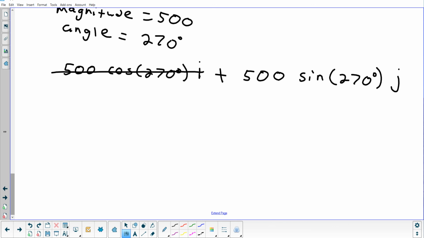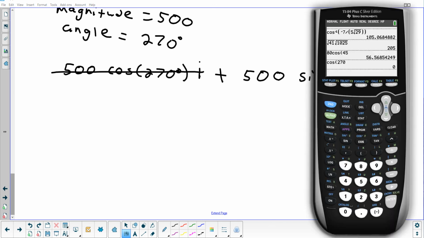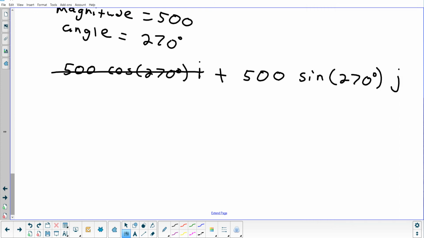That means all of the component is going into the vertical, so we should end up with negative 500 because negative means it's going down. Let's see. 500 sine 270 gives me negative 500. So there is the velocity vector for the plane.